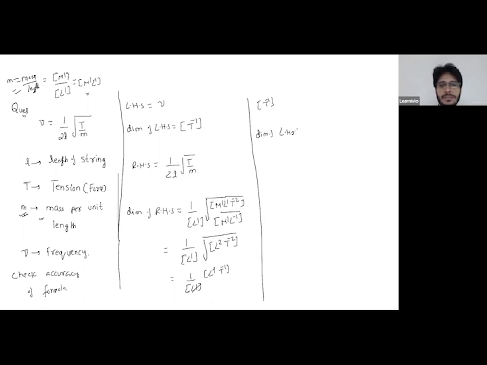Dimensions of LHS is equal to dimensions of RHS. Yes, only Abdullah got the right answer. All of you were making mistakes in this M. I'm writing it that M is not just mass, it's mass per unit length. Is it clear now?